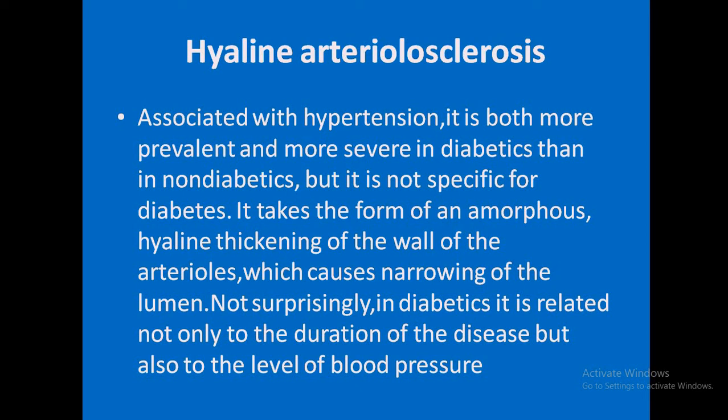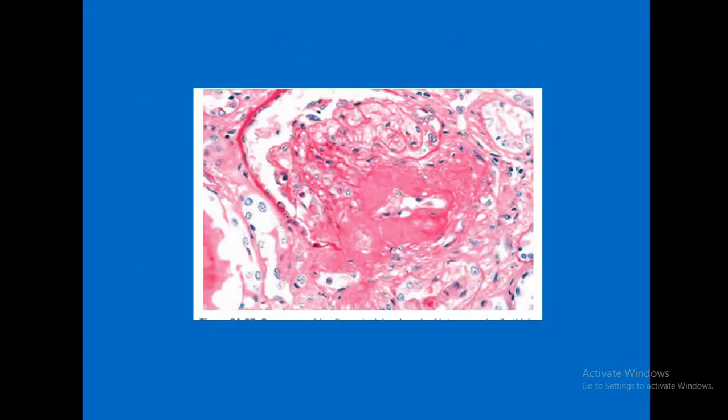This causes narrowing of the lumen. In diabetics, it is related not only to the duration of the disease but also to the level of blood pressure. So both of these will cause an increased hyaline arteriosclerosis. That means if you have the blood sugars unchecked and the blood pressures high. So this is how the hyaline arteriosclerosis looks like.